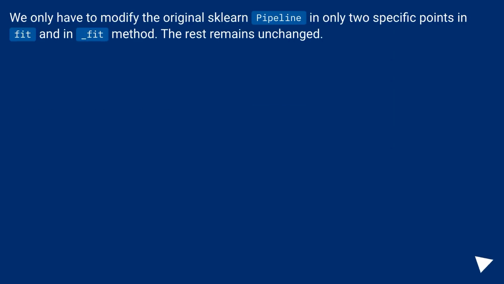We only have to modify the original sklearn pipeline in two specific points, in the fit and _fit methods. The rest remains unchanged.